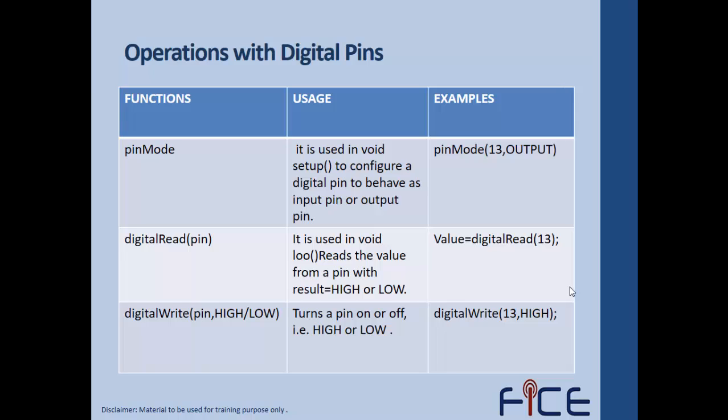In the example you can see that digitalWrite is taking two arguments, first one the pin number, and second one which value, either high or low, we want to give to the pin. In this example we are giving a high value to pin number 13. So these are the three APIs which are used for the digital pin operations.